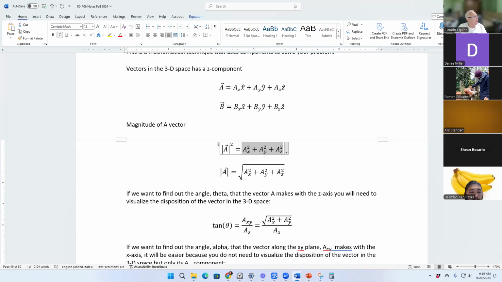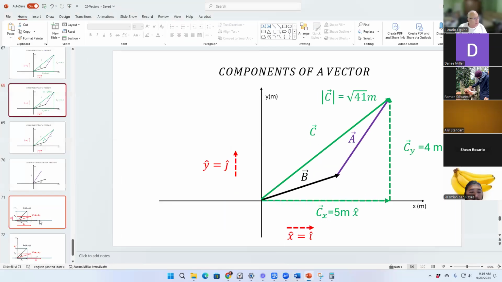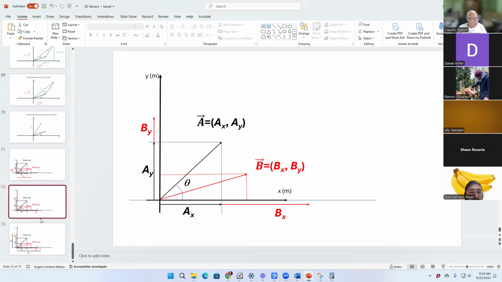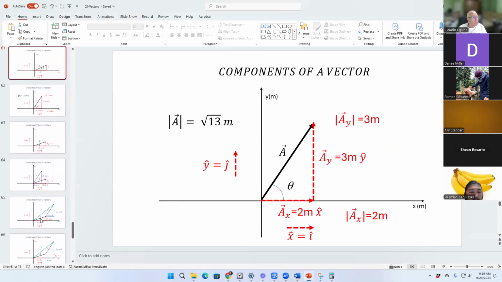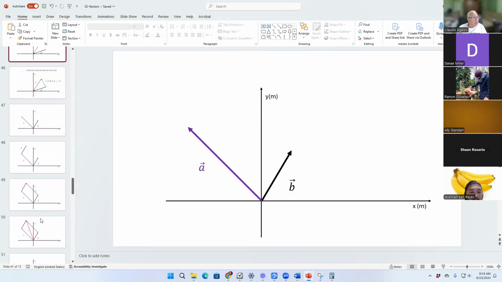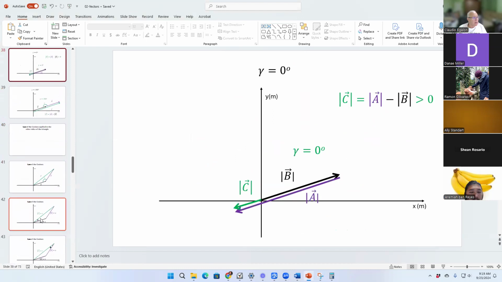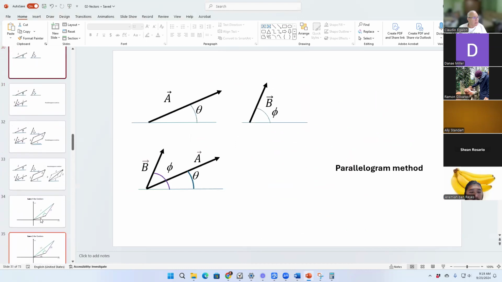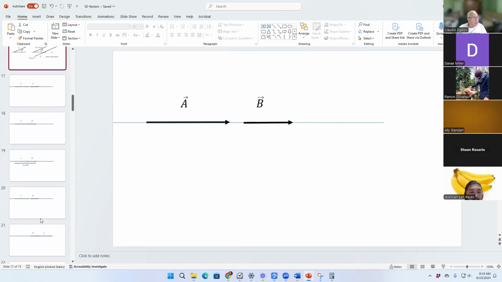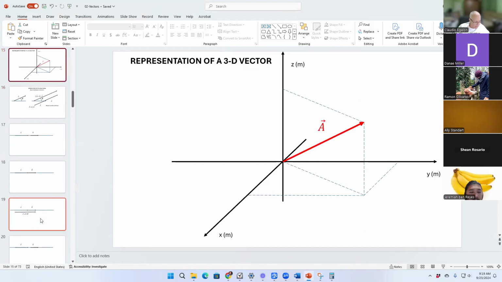If you want to find the angle theta that the vector A makes with the z-axis, I'm going to show you. Let's see if I have one three-dimensional example here for you to see. I have it right in here. I showed it to you last time, remember that?